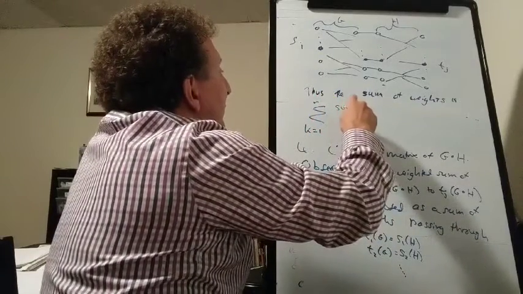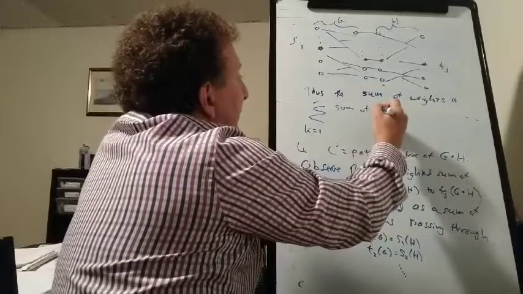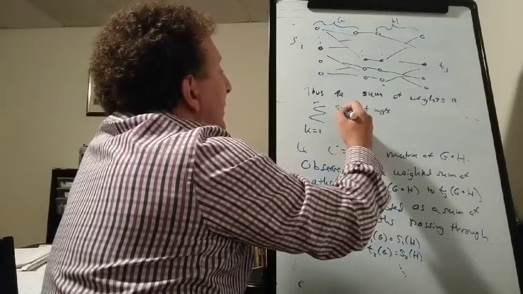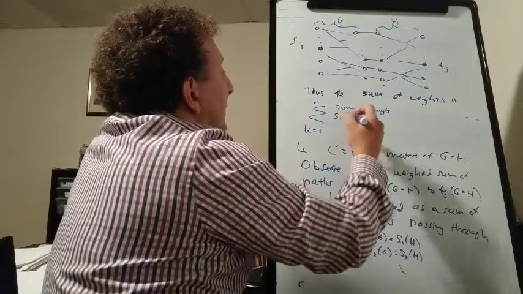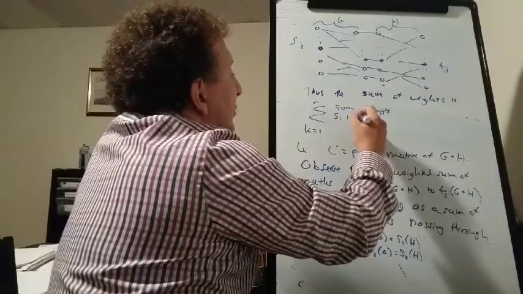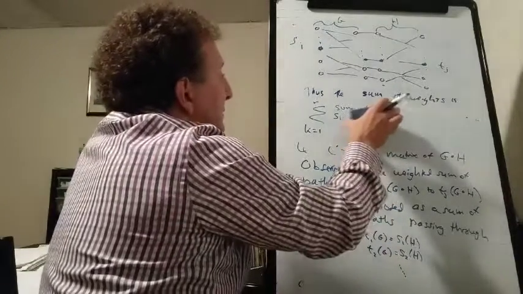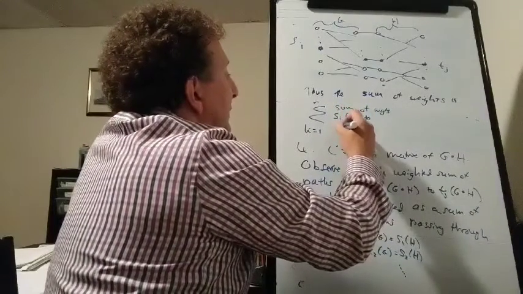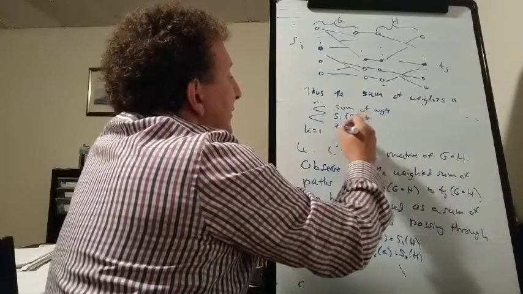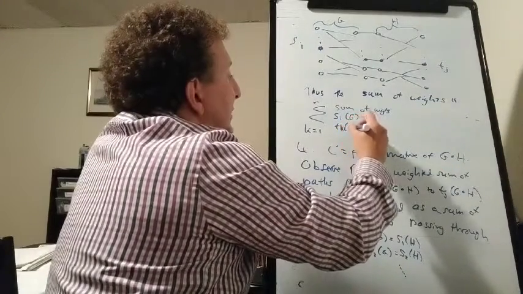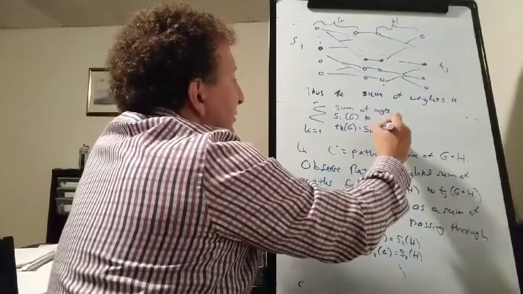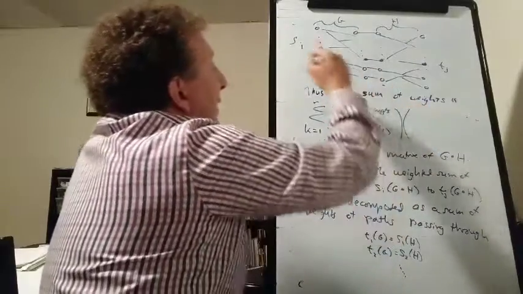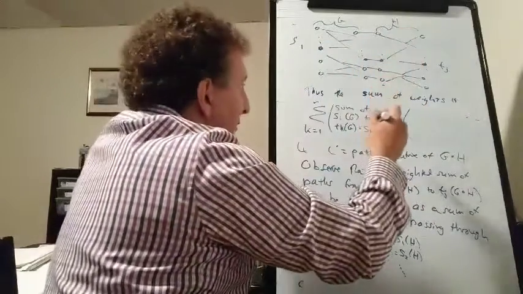So we'll have the sum of weights of edges from S_i of G to T_k of G, which is the same as S_k of H, and then we have to get from there to the sink that we're going to.